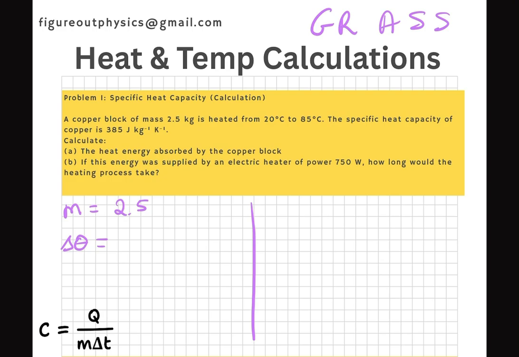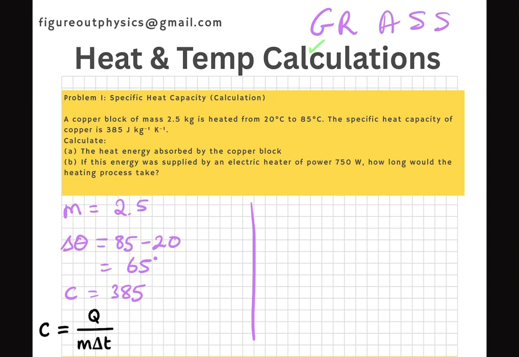The temperature is changing from 20 to 85, so our temperature change is 65 degrees. And they also give us the specific heat capacity of copper, that's c, is 385. So we have got what is given, done. All those numbers we have used and noted down.